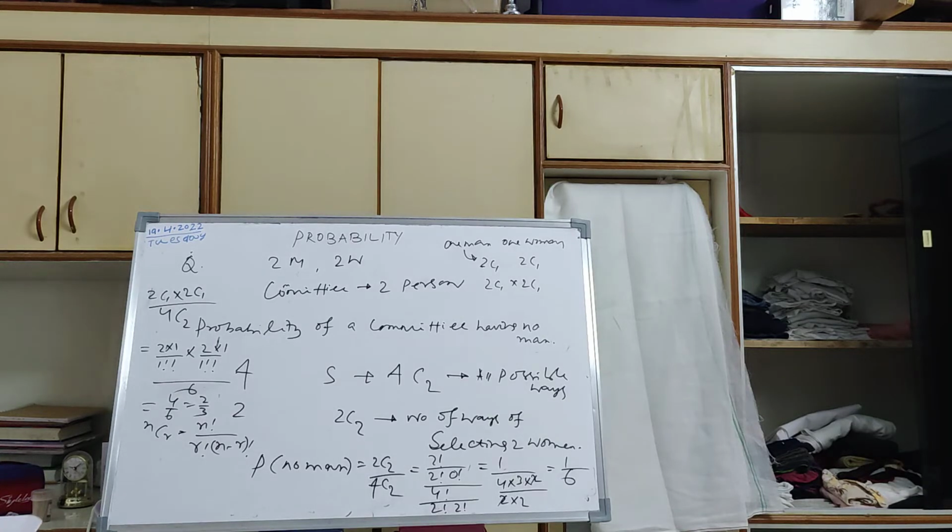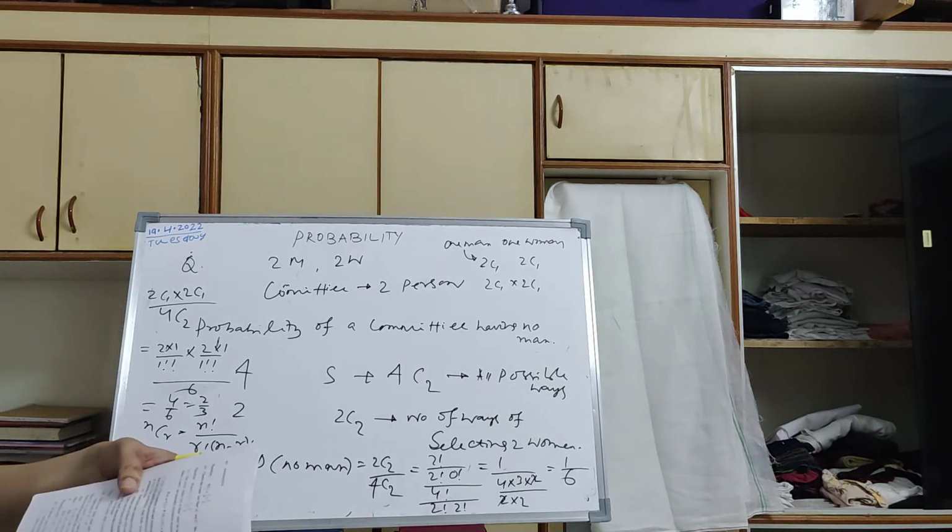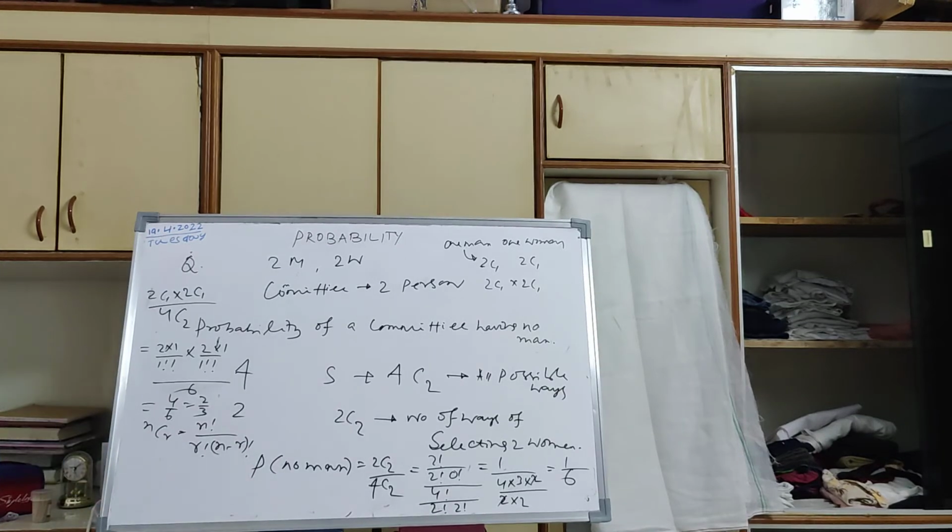Probability of the committee having a woman. Here comes the multiplication. You have to be very careful there because you are branching out.